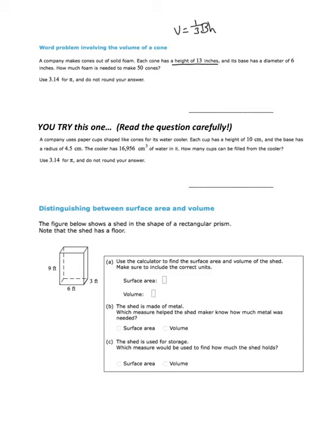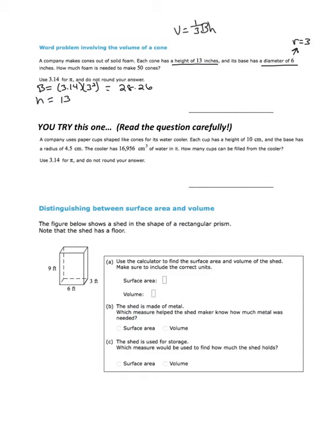So let's see what we have. Height of 13 inches, base has a diameter of 6 inches, which means the radius is 3 inches. How much foam? Let's see. Area of the base is 3.14 times the radius squared, which is 28.26. The height is 13.